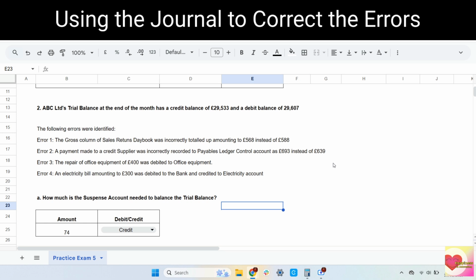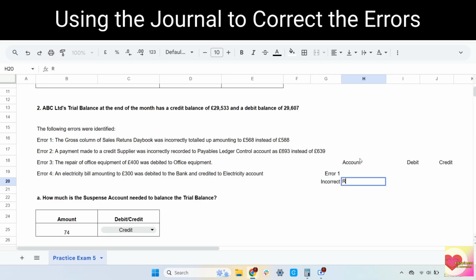First, let's enter the account, debit, and credit. Then first error. First, let's put the incorrect entry.